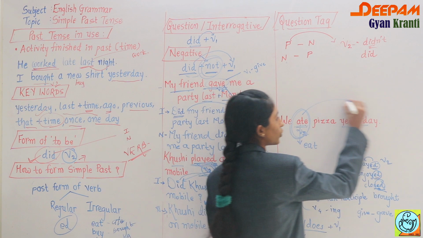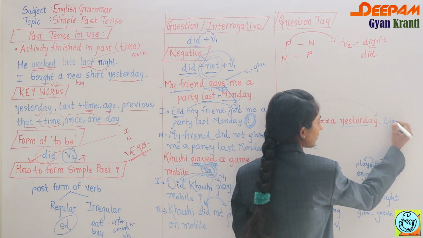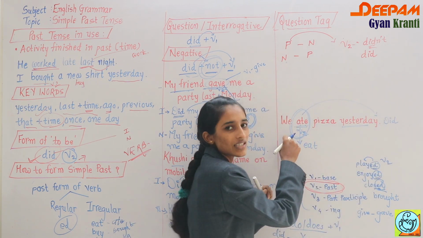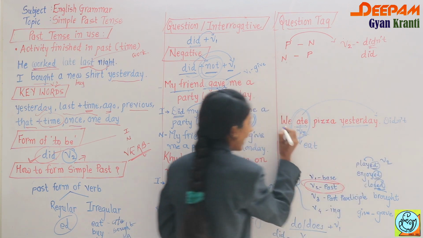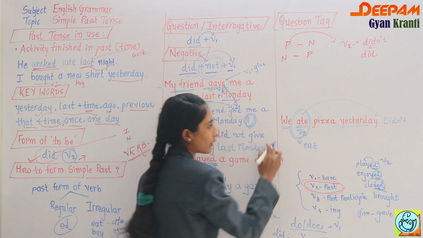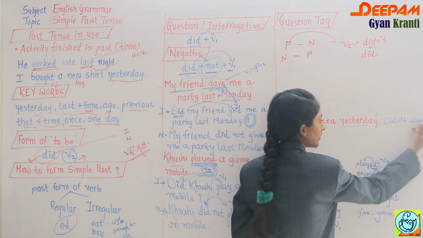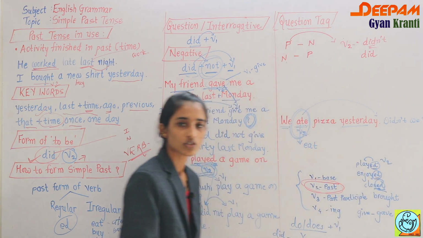Because of this V2 we are using did, but this sentence is positive, so we have to use didn't, and we want the pronoun. So didn't we, then question mark. That is your question tag.